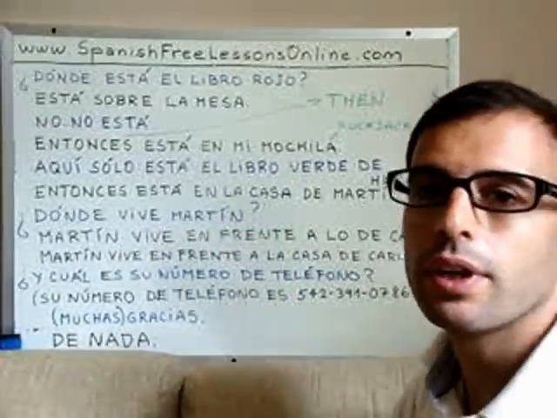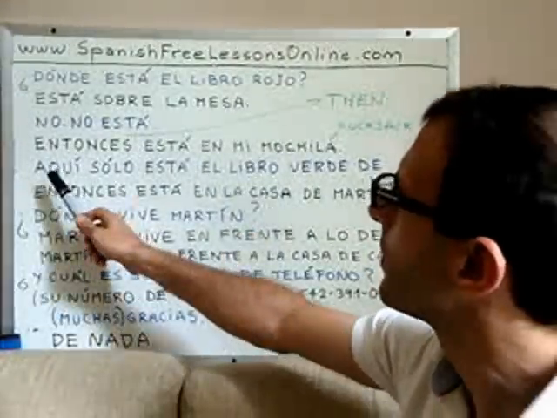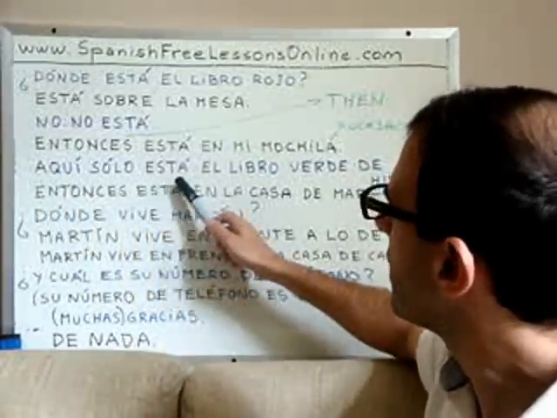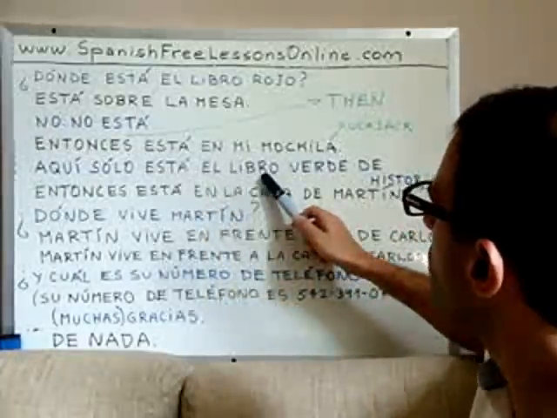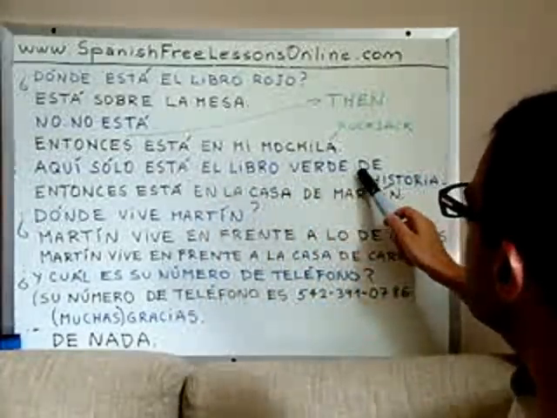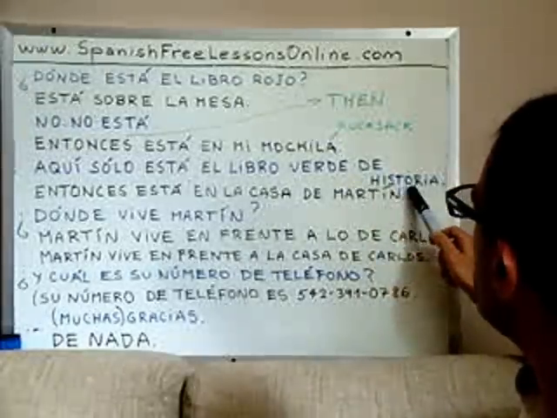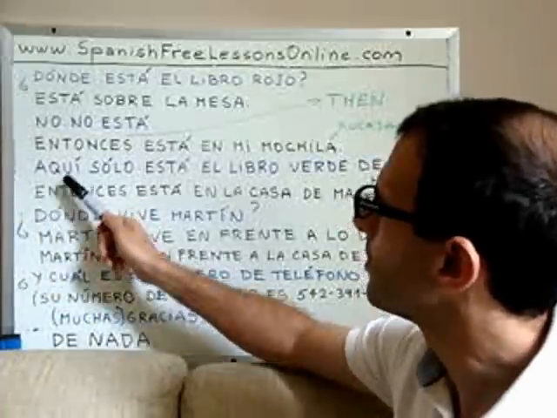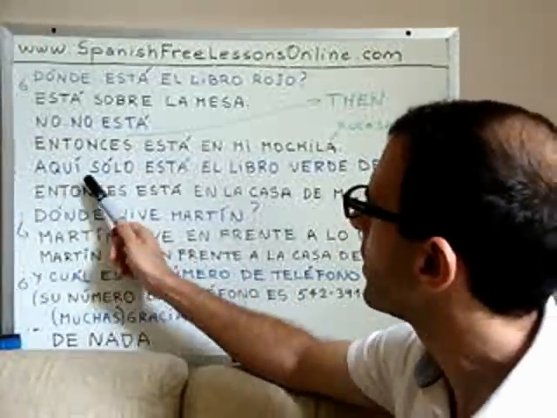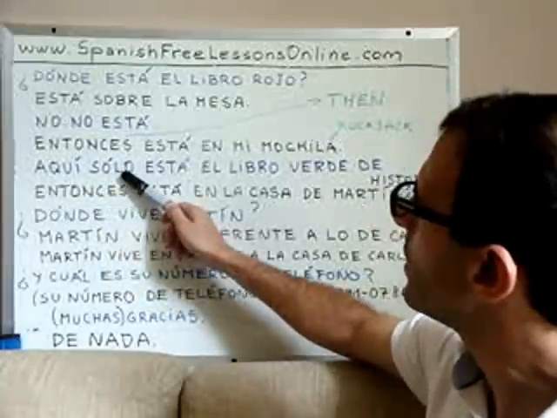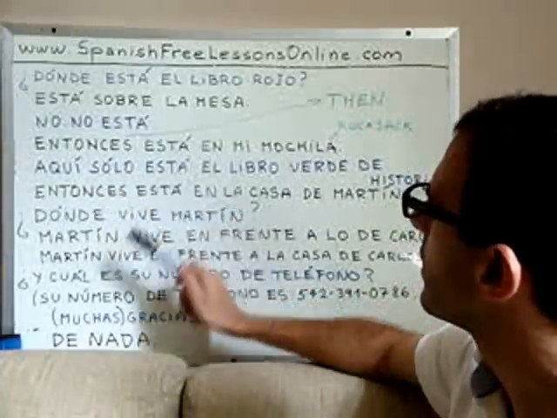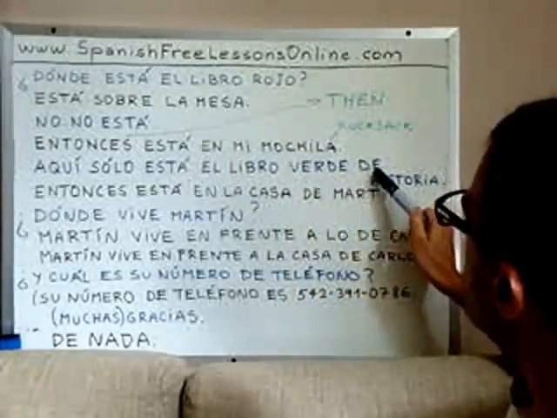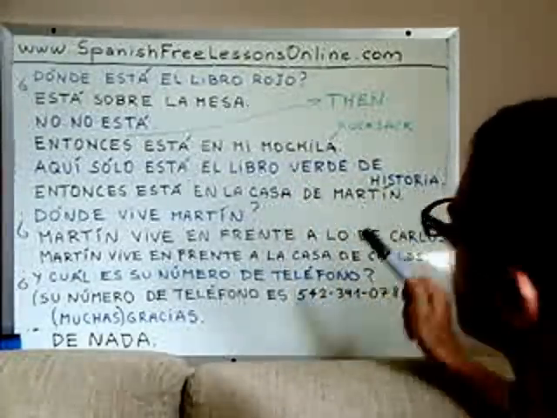So the other person replies, aquí solo está el libro verde de historia. Okay? Here, aquí means here. Here only is the book green of history, right?